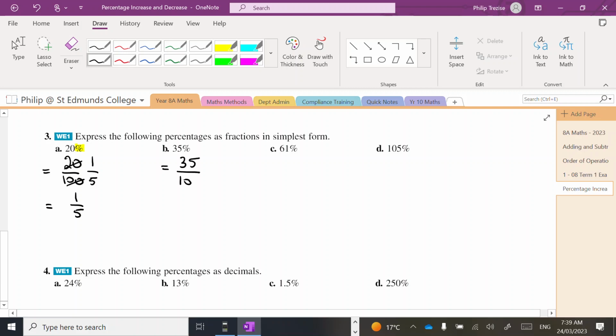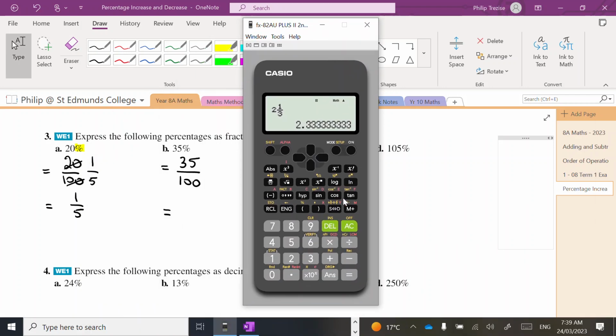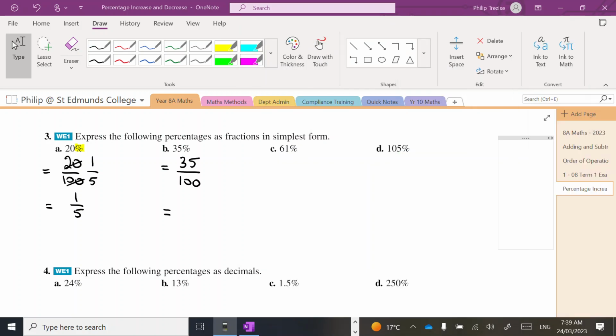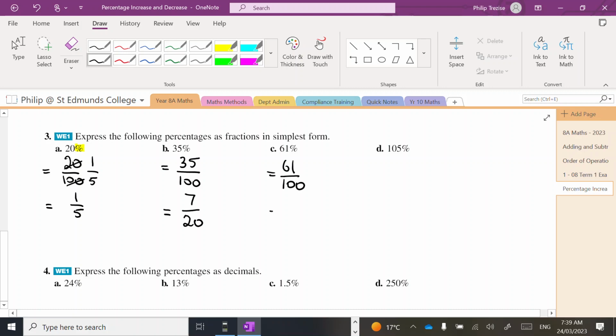35 over 100. Now I'm not sure what this one's going to be, so I'll use my calculator if I'm not sure. I'll write the fraction 35 over 100, and it tells me straight away, in simplest form, we have 7 over 20. 61% is 61 over 100.